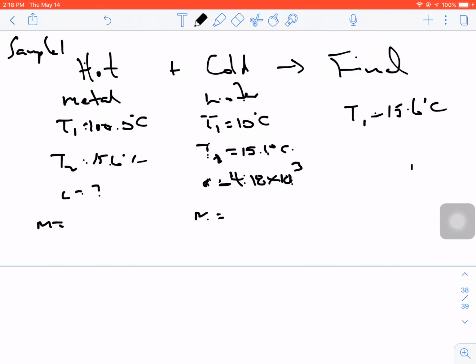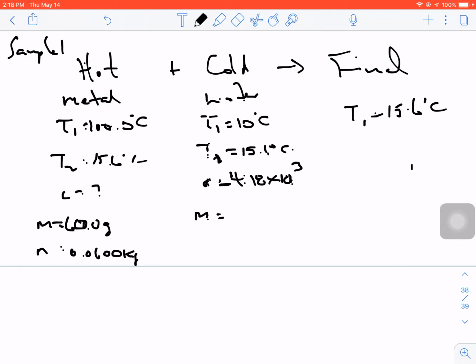The mass of the metal is 60.0 grams. Again, let's do my conversion. I know that 1 kilogram is 1,000 grams. So this is 0.0600 kilograms of metal. And if I do the same thing for the water, we're told that we have 200 milliliters of water. Oh, but every milliliter is a gram.